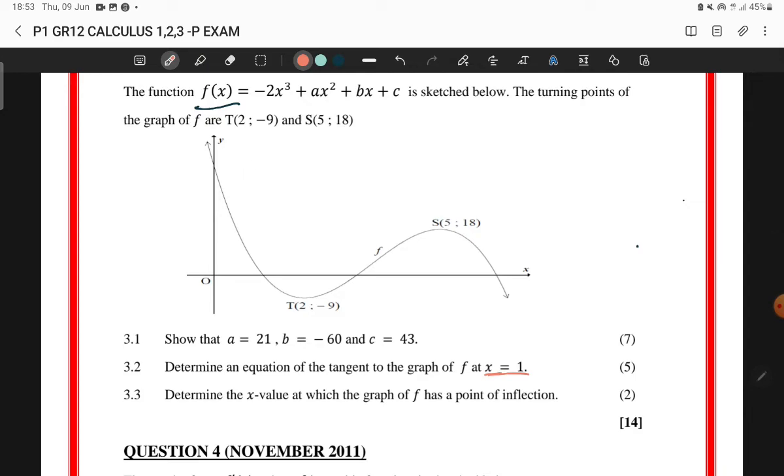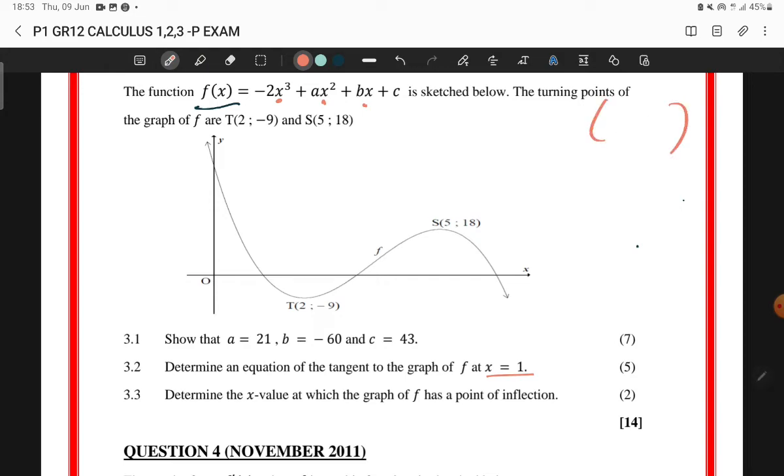What do you know about the tangent? The tangent touches the graph at a specific point. And which point is that? Use this x and replace it in the place of x, so that you find the corresponding y value. Then you are going to find the coordinates.